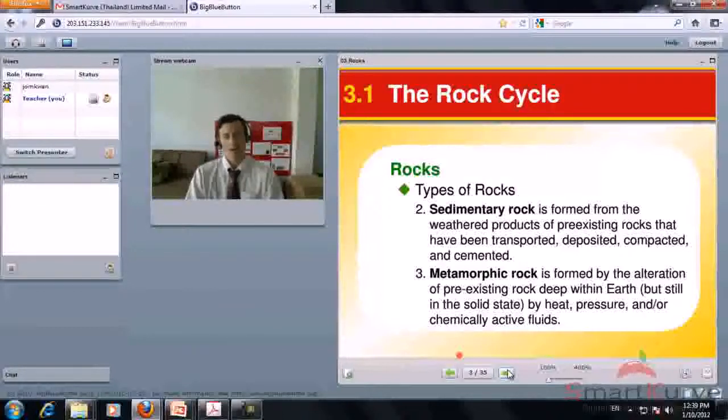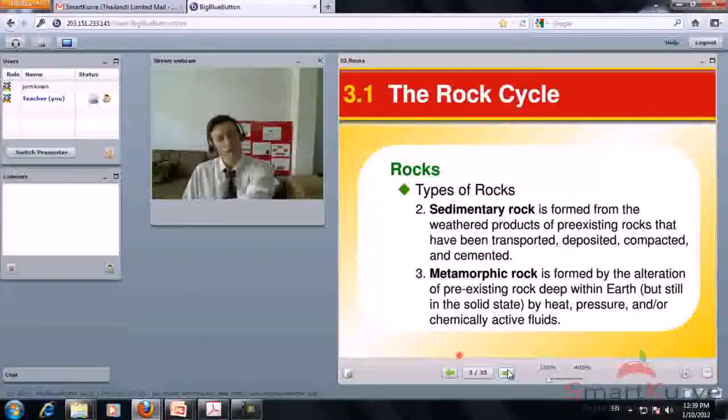And deposit means to drop or to put in place. So streams and rivers, when they run through an area, that moving water can actually carry small pieces of rock and then drop them in other places.